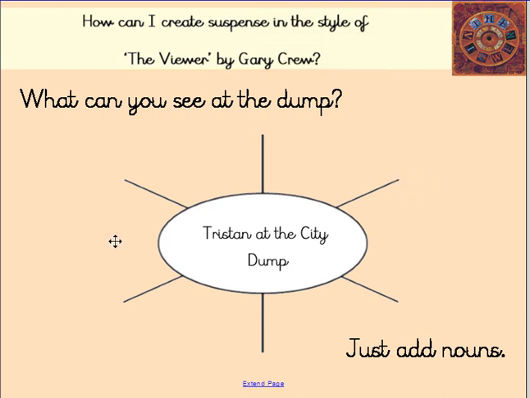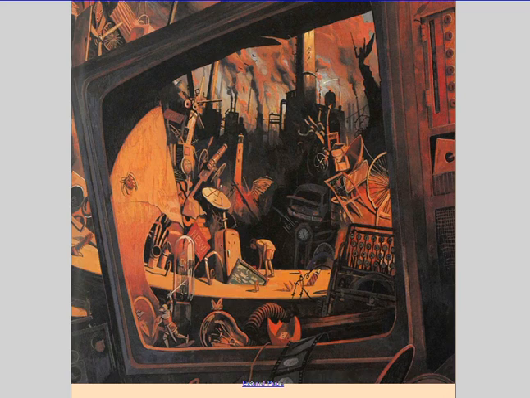factories, only nouns. Remember, nouns are the names of things, objects, places, people. So what is it that you can see in this image? You might see that clock, that satellite dish, a cannon.